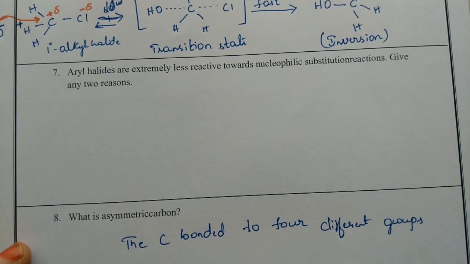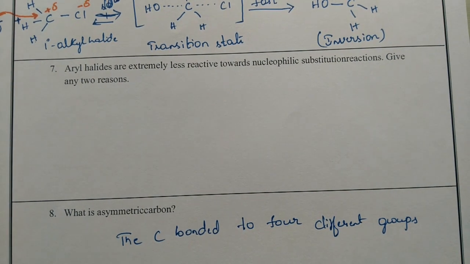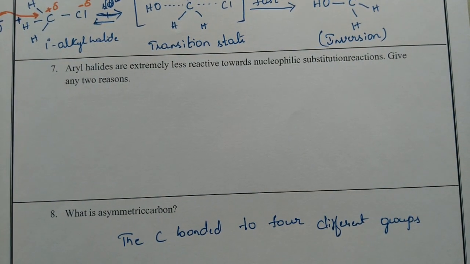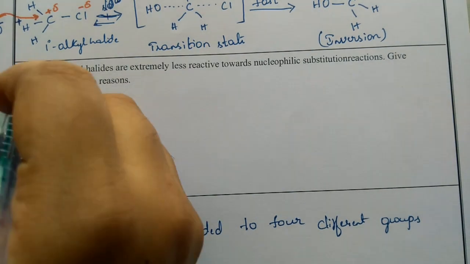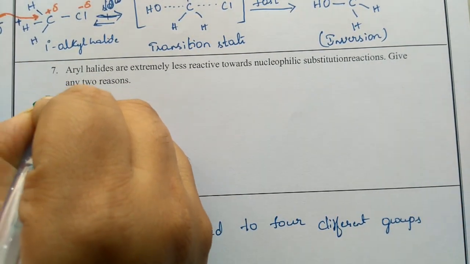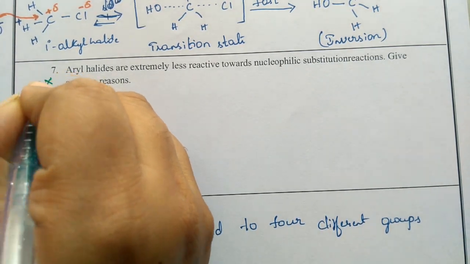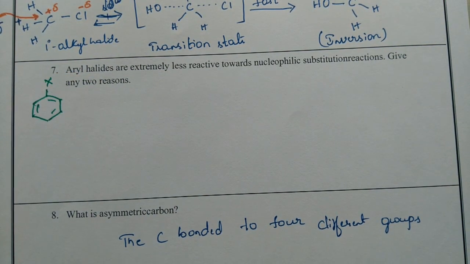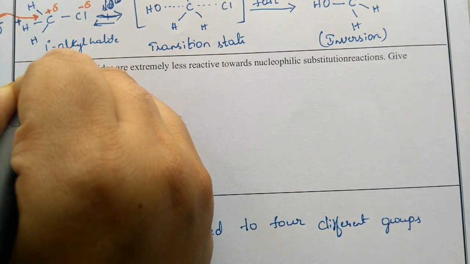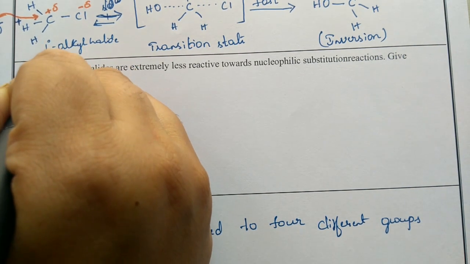Next one: aryl halides are extremely less reactive towards nucleophilic substitution reactions. Why is it so? In aryl halides, a halogen is present like this. On the halogen we have electrons around it, which will be donated to the benzene ring.